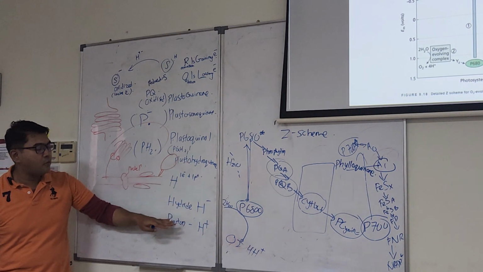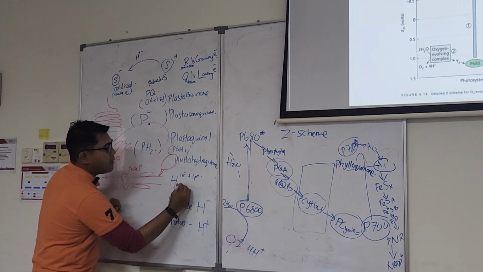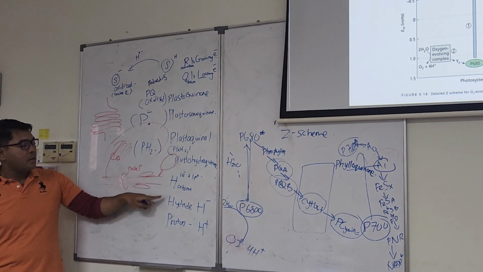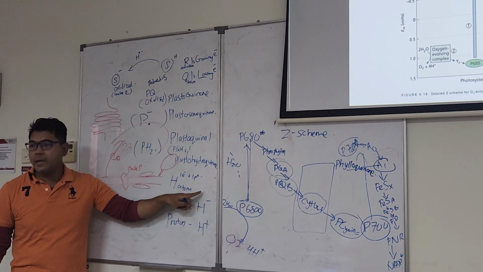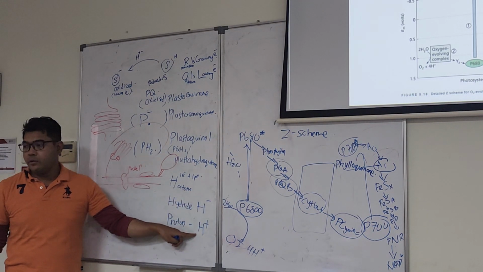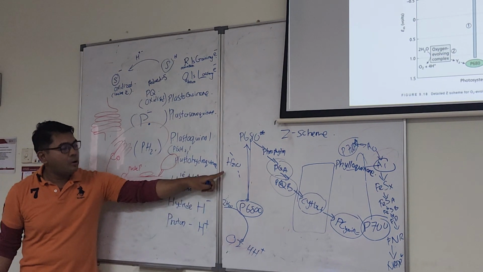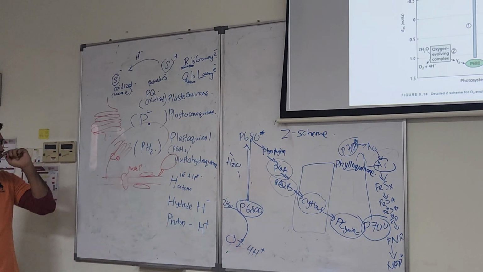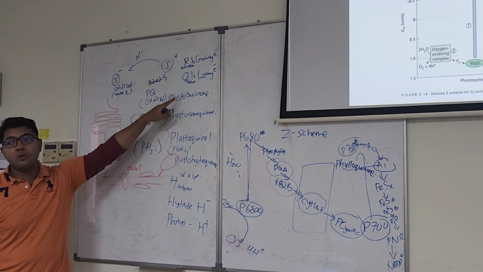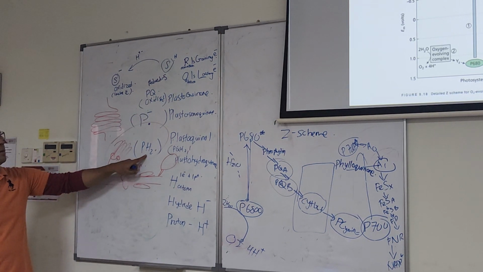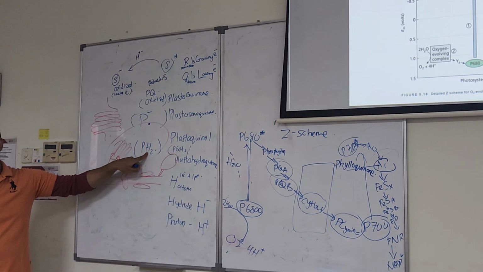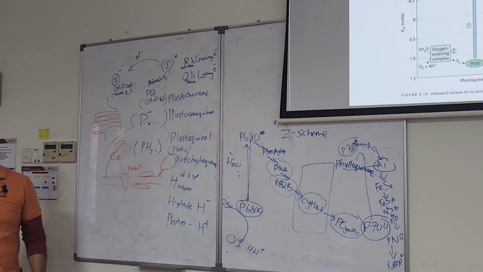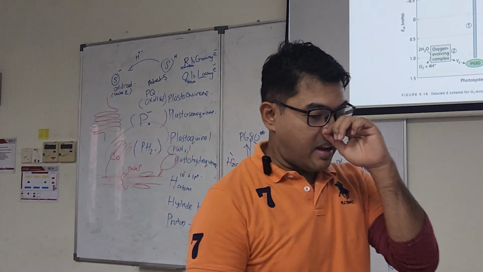So there are 3 levels of hydrogen we are talking about here: atomic hydrogen, like in the case here, or hydride of hydrogen, H minus, or proton of hydrogen, H plus. The splitting of water produces H plus, the proton of hydrogen. The reduction of plastoquinone is with the addition of atomic hydrogen, right? The hydride of hydrogen, H minus, you will learn later. Some, not all, molecules accept that, okay?